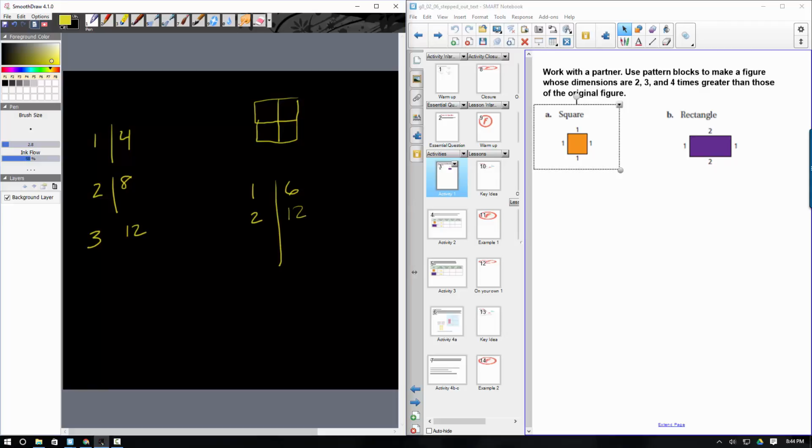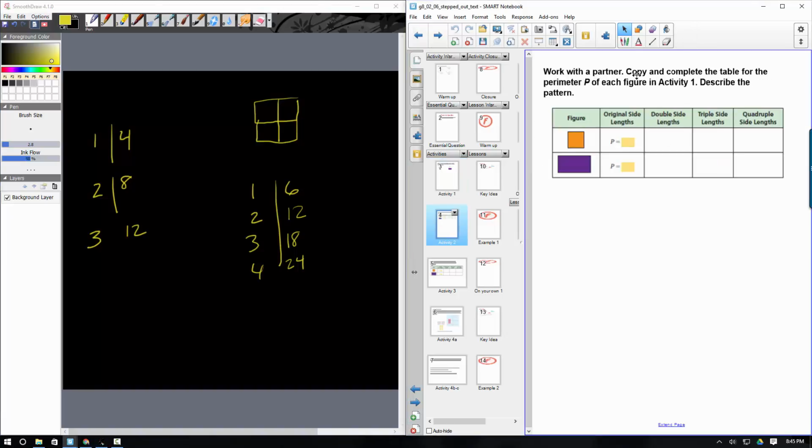So this one would just go up by 6 every time. And we can keep on going. If I do 3, now I'm going to have 18, and if I have 4, of course I'm going to have 24. So it's just going up by 6. This is going up by 4 every time.